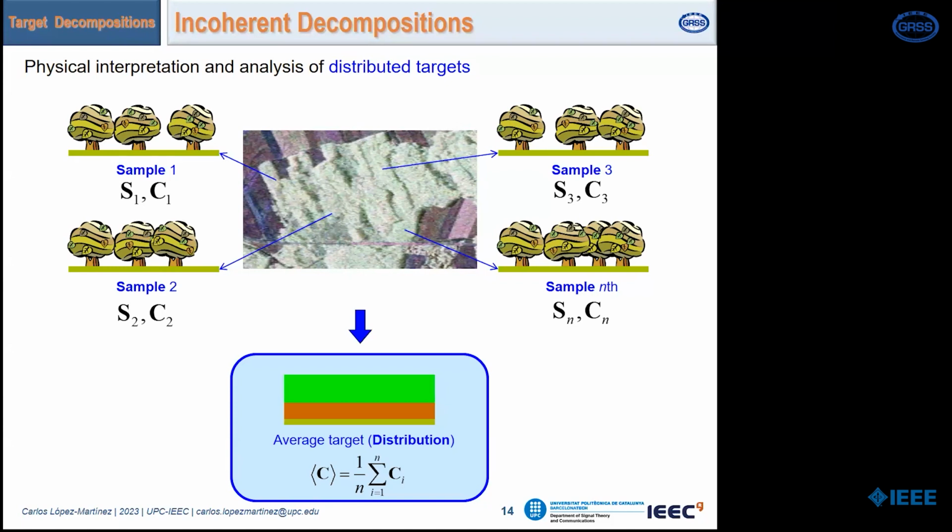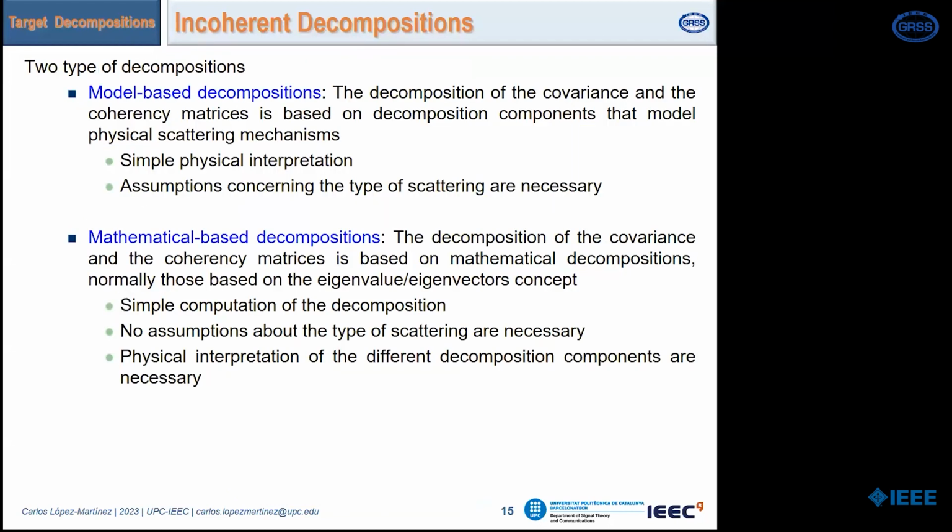In incoherent decompositions, what I do is decompose the covariance matrix. In that particular case, I'm analyzing not a particular sample, but the average sample, because I remove the speckle. So I'm not analyzing a particular pixel, but a kind of average target. There are different decompositions.